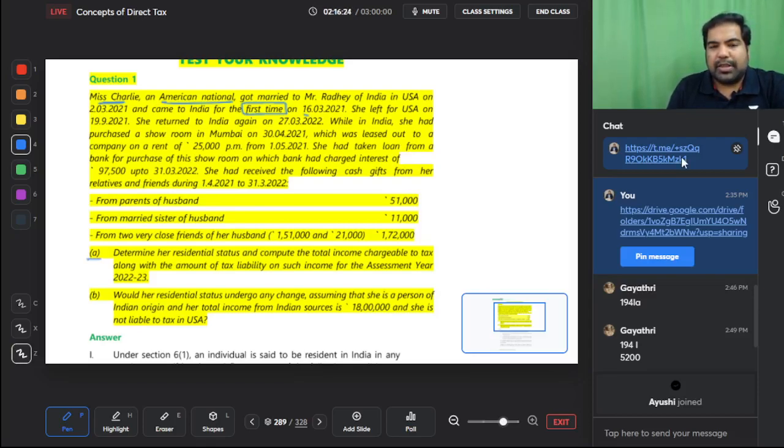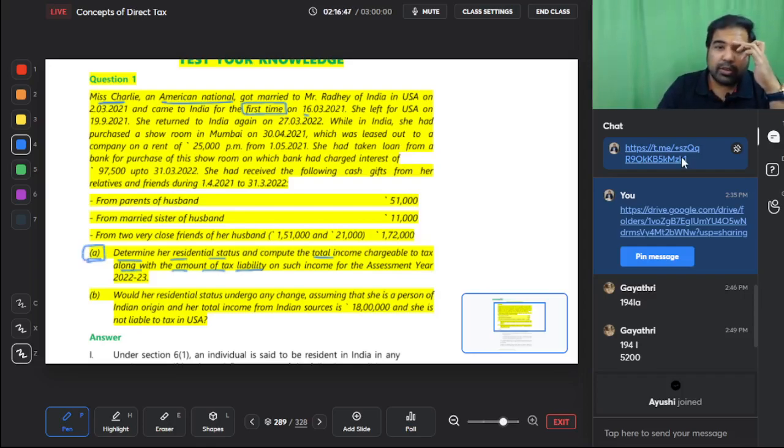First, what are the questions, guys? Always check the questions in the exam for big questions like these, because if you read aimlessly, there's no point. Determine her residential status and compute total income chargeable to tax along with any amount of tax liability. So basically, residential status, total income, tax liability. And then will the residential status undergo any change? So we'll do the first one.